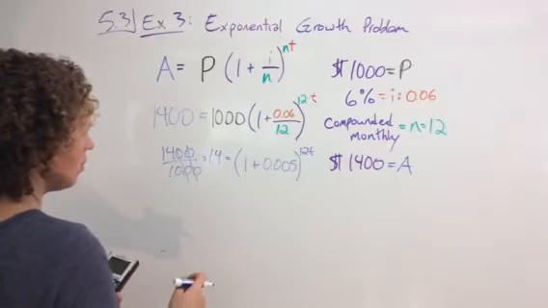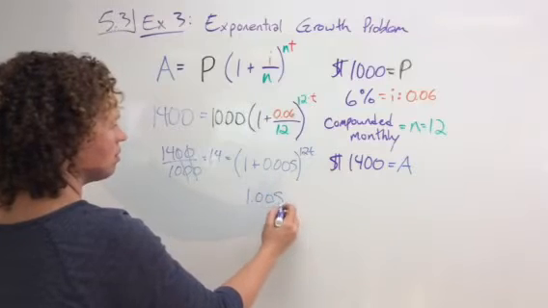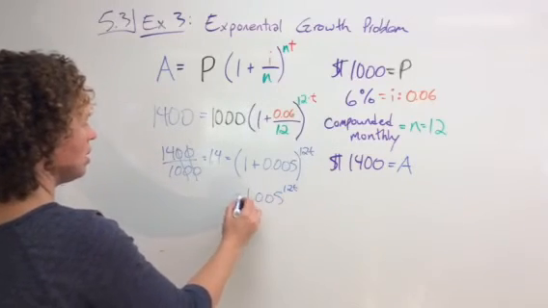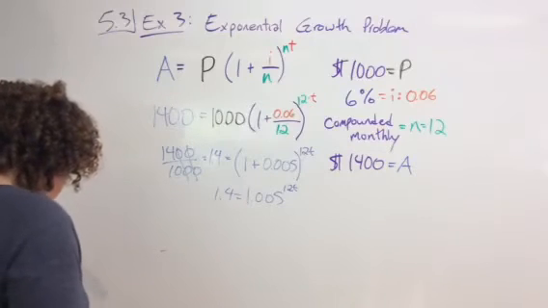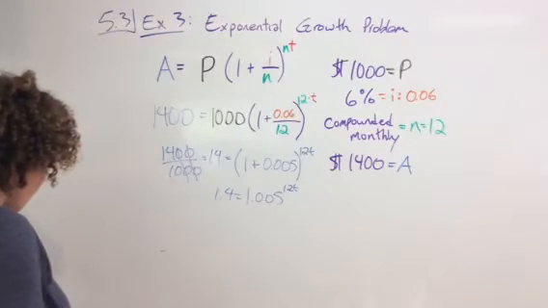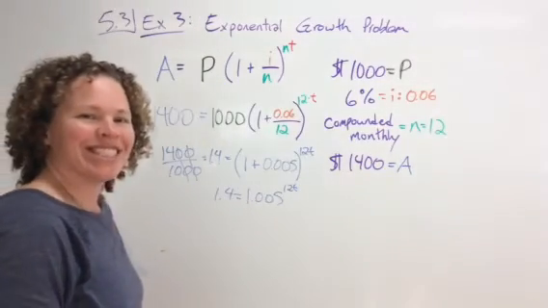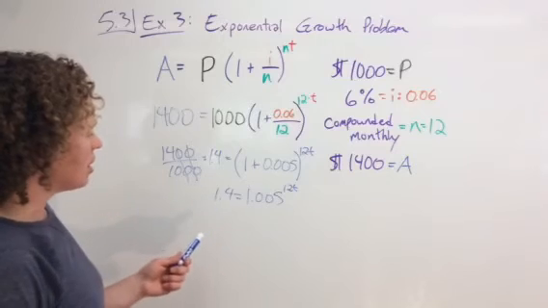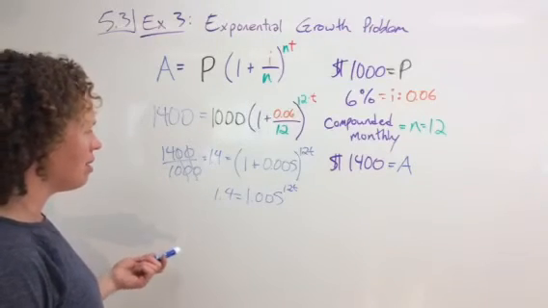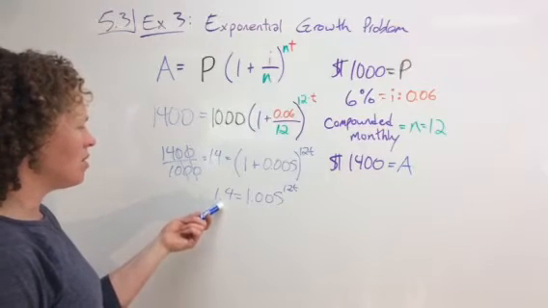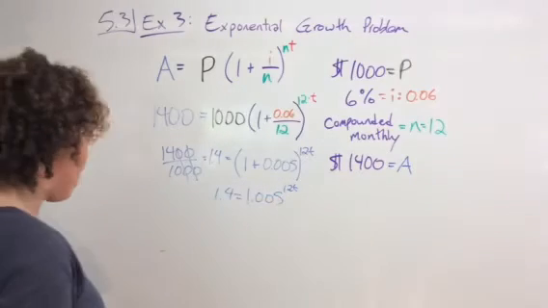All right, so now I've got this number as my base, 1.005 to the power of 12t equals 1.4. Now, you're not going to like this part. You got to graph it. So you can plug this into your calculator, but you really can't because it's 1.4 is y equals 1.005 to the power of 12t.